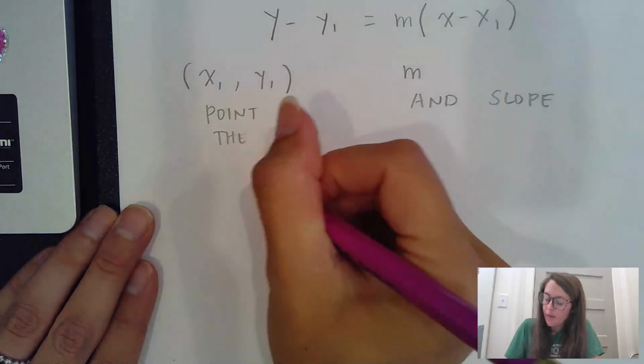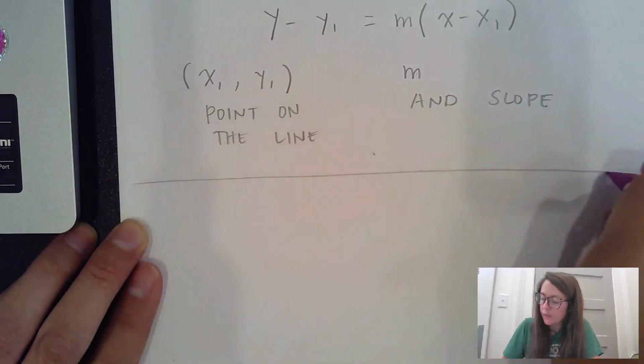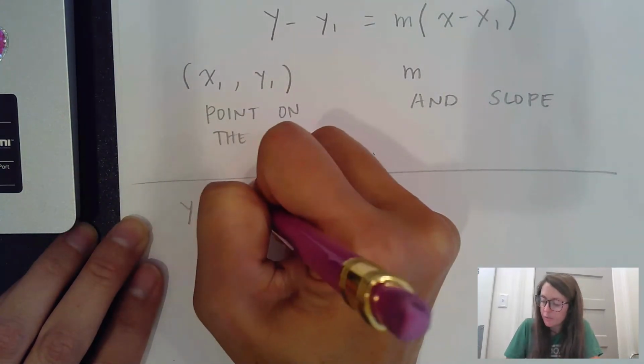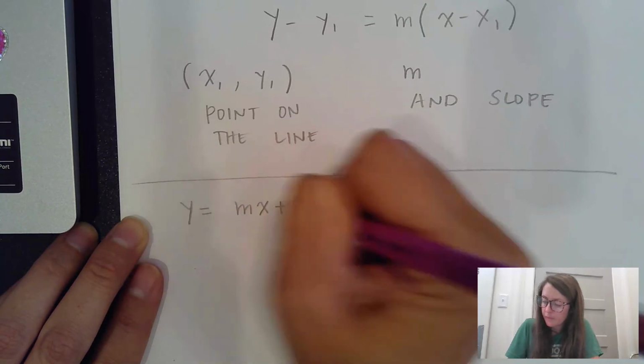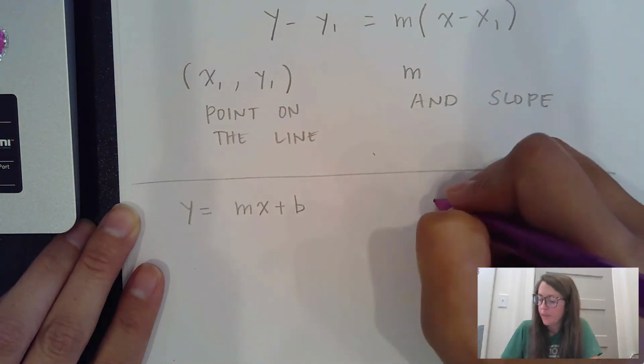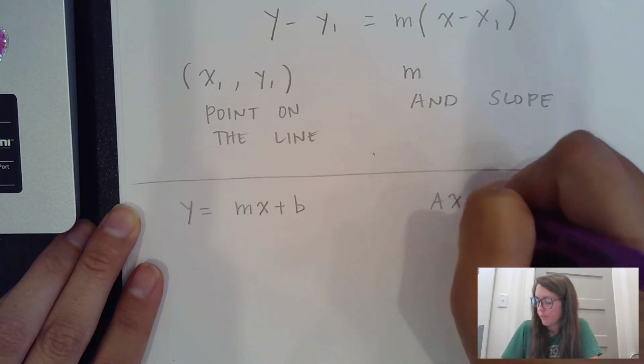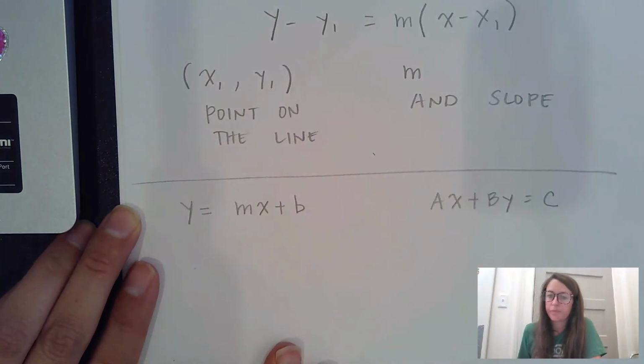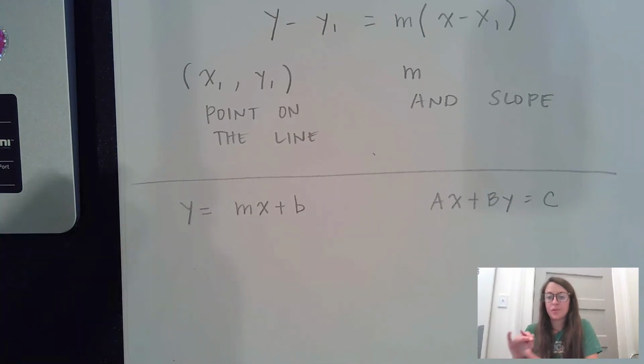After you plug in, you can either have your equation in slope-intercept form, or you would have it in standard form. So that's after you plug in.